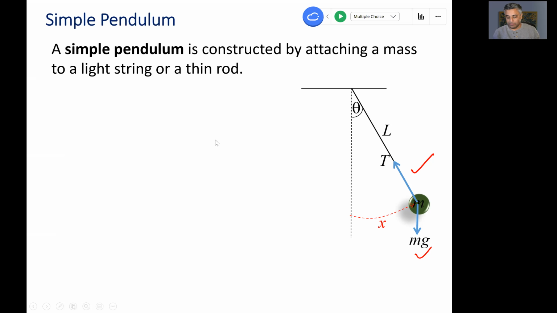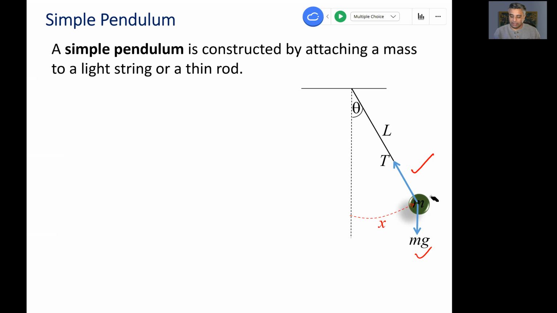Okay, so back to the pendulum. So now, remember the net force is the restoring force.